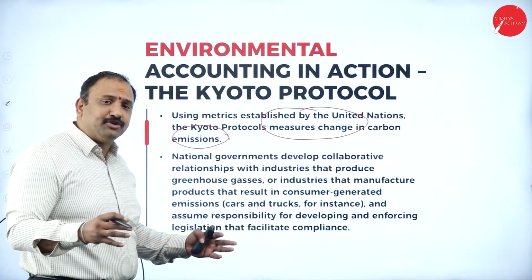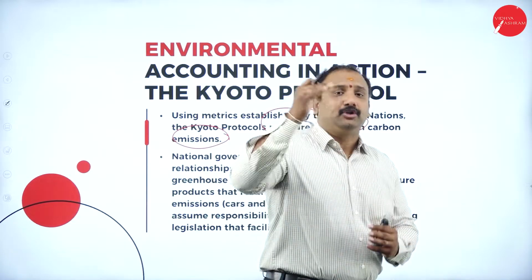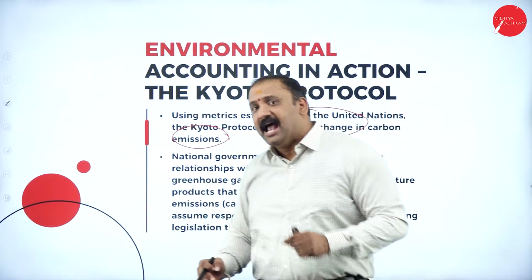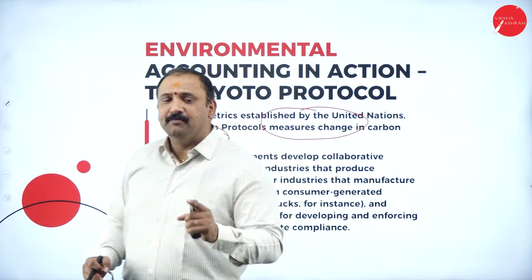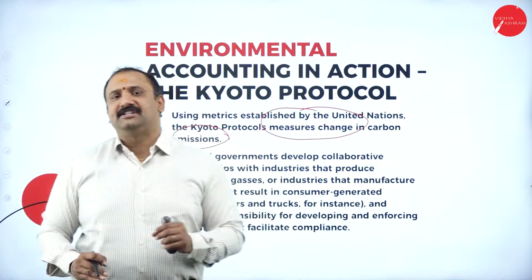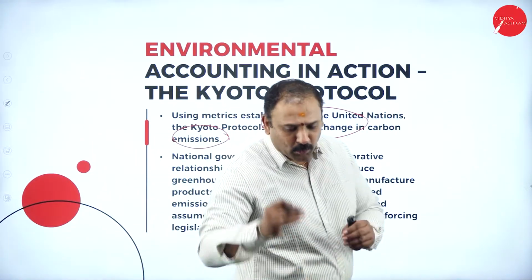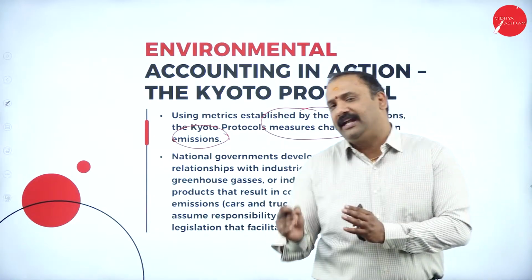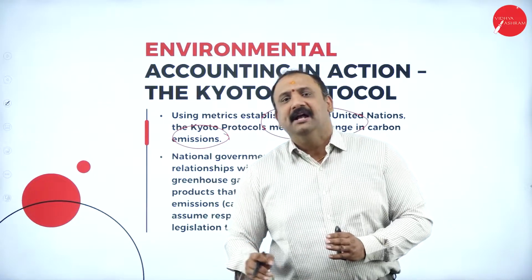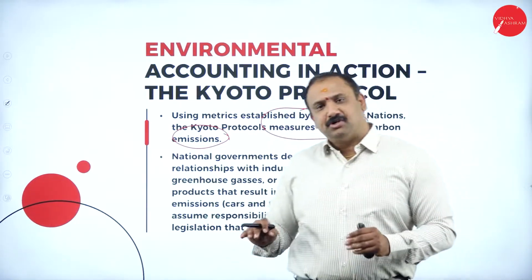So what we need to do is bring in a system through which we can reduce the carbon footprint on this planet Earth and make this earth a better place to live in. What we wanted from these organizations is a systematic plan through which we can reduce the emission of greenhouse gases, reduce the carbon footprint and make this earth even more livable.